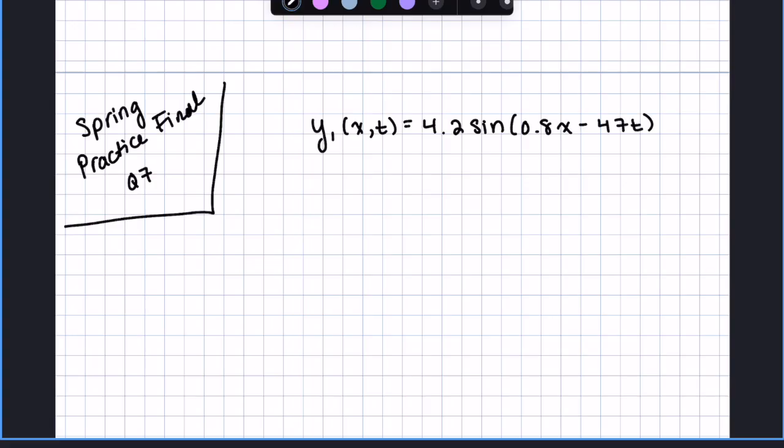And they're telling us that y1 and x are in centimeters and that t is in seconds. So we have some of that context as well. Then our first question is, what is the speed of a wave on this string?